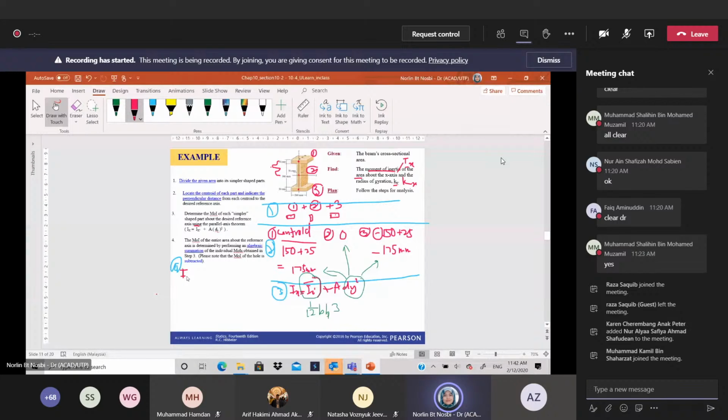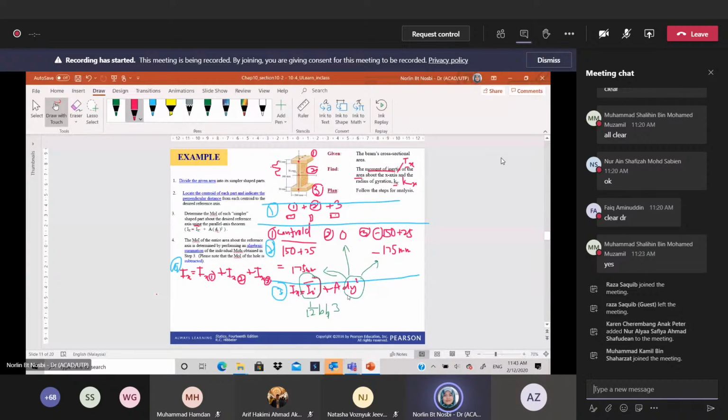The final one is equal to Ix of the first shape plus Ix of the second shape, then plus Ix of the third shape. So each Ix is this equation.